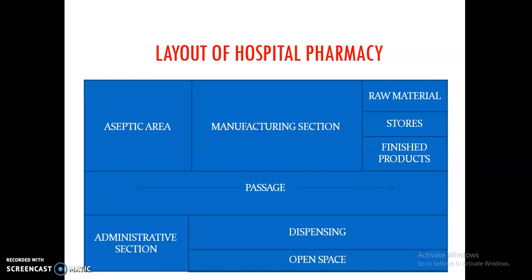The passage area is there, the dispensing area is there, the administrative section is there, and the open space, or we can call it a waiting area for the patients. So these are the different points which are coming into the layout of hospital pharmacy.